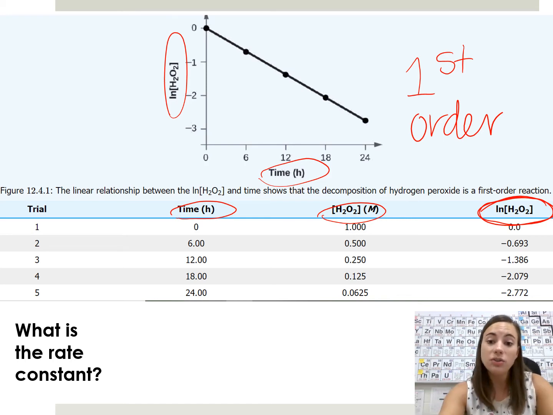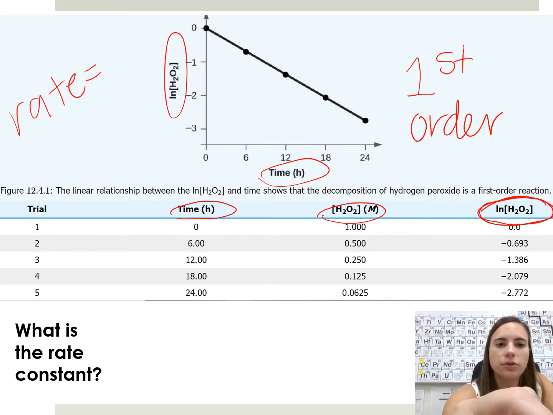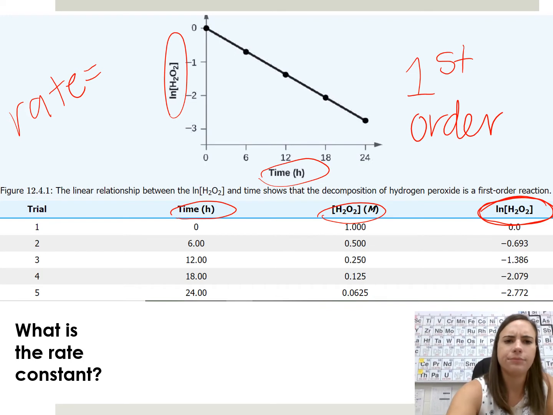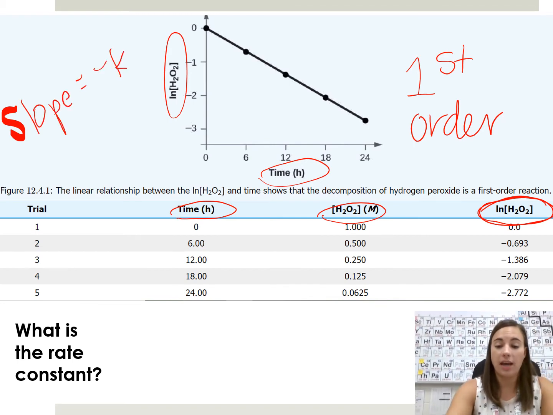Now, I can use this to also determine the rate constant because we remember that the slope is equal to negative k. So how do I calculate slope?